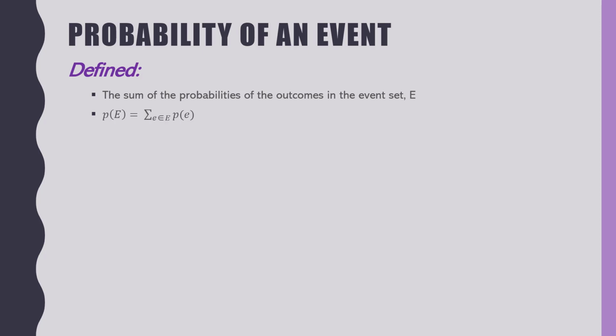Now I'm doing the same thing to look at every element in the event. And what is the event? The event is the set of favorable outcomes. So the probability of the event is the sum of the probabilities of every element in the event.